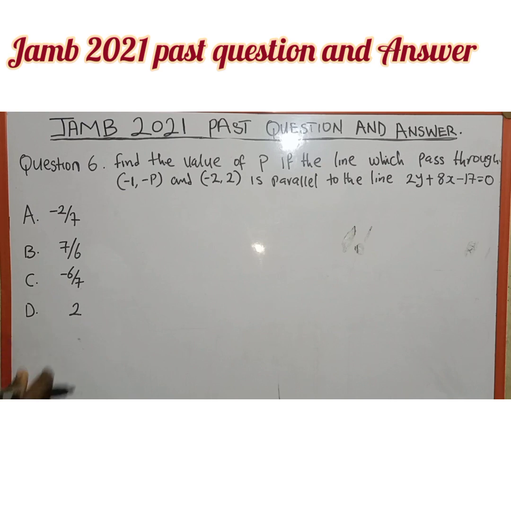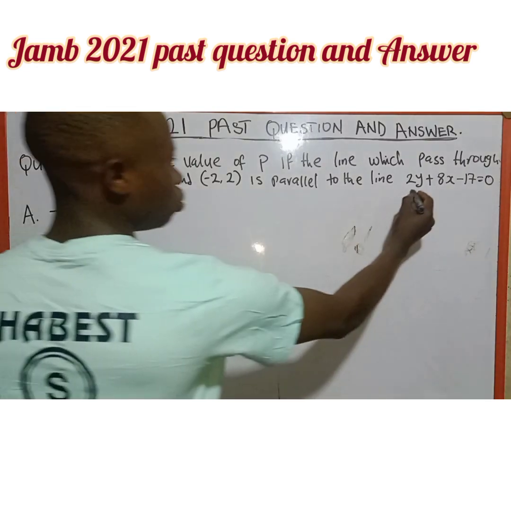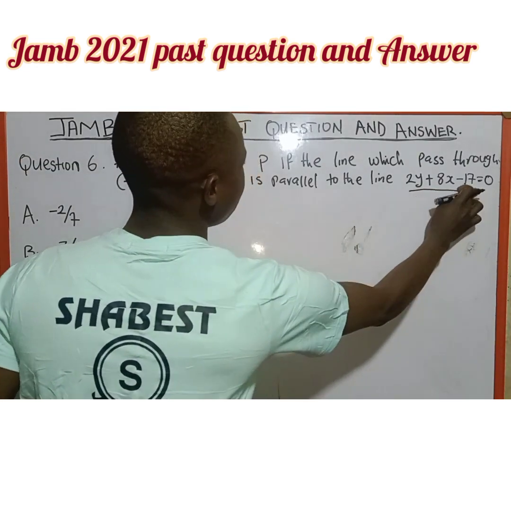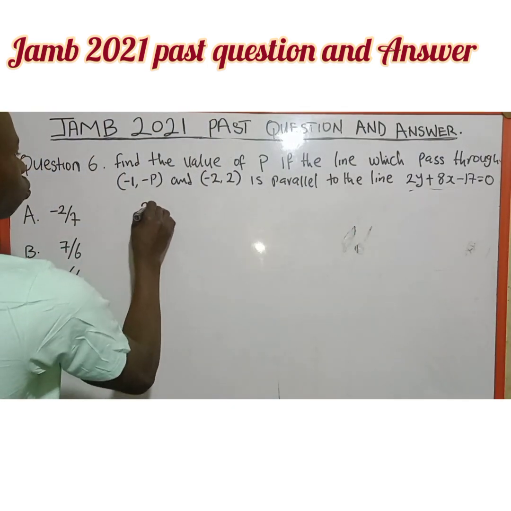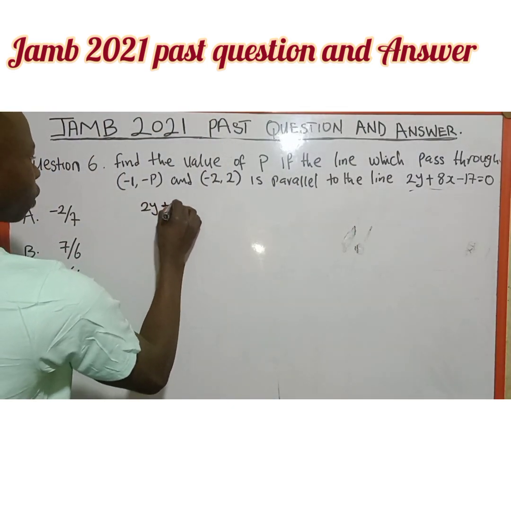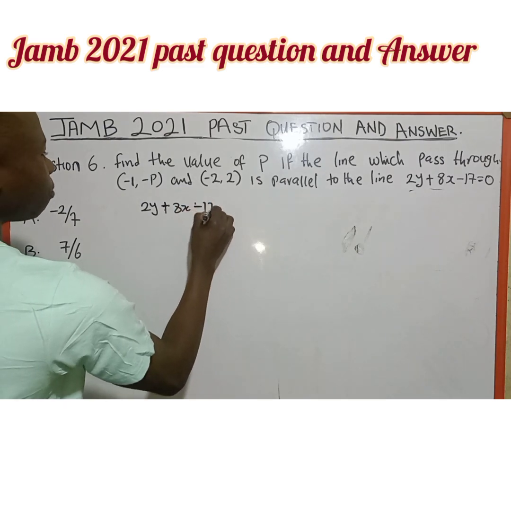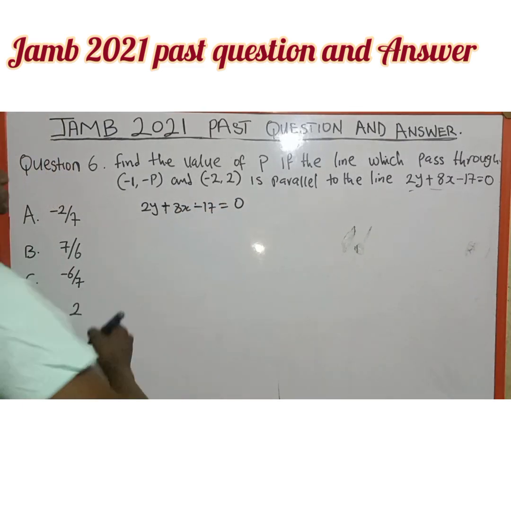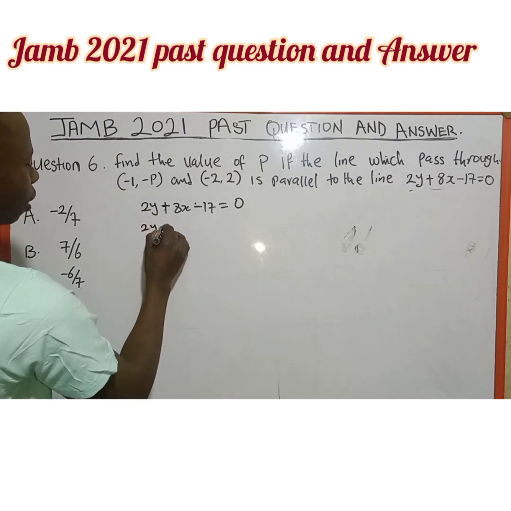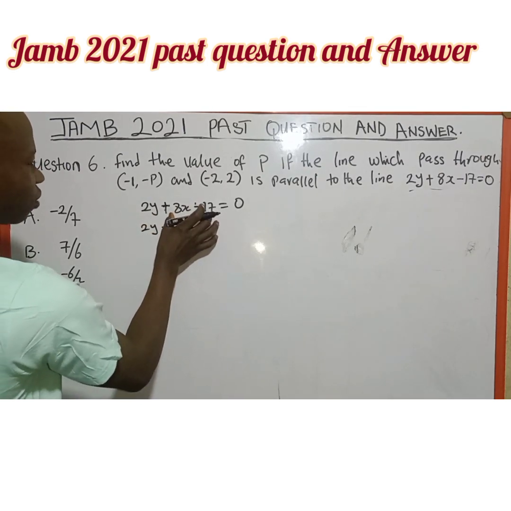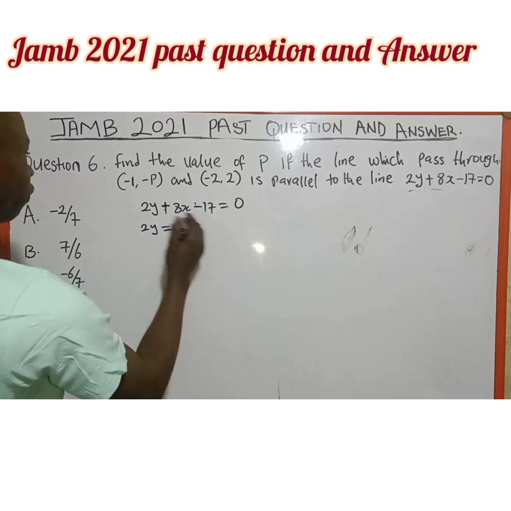So the first thing you need to know: if two lines are parallel, they must have the same slope. So the first thing we need to do is rearrange this equation and make y the subject of the formula. My equation is 2y plus 8s minus 17 is equal to 0. To make y the subject of the formula, we are going to have 2y equal to everything here transferred to the other side of the equation.